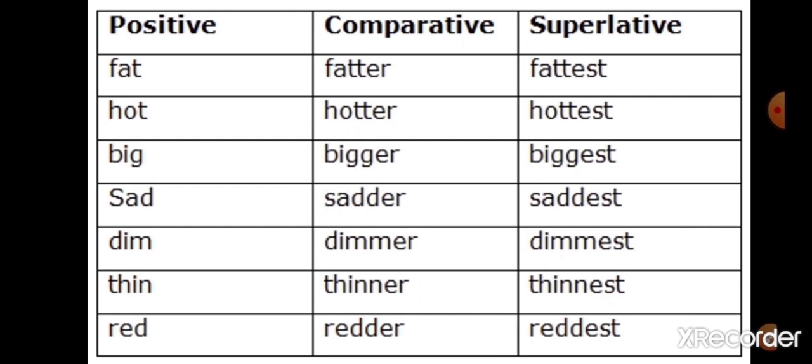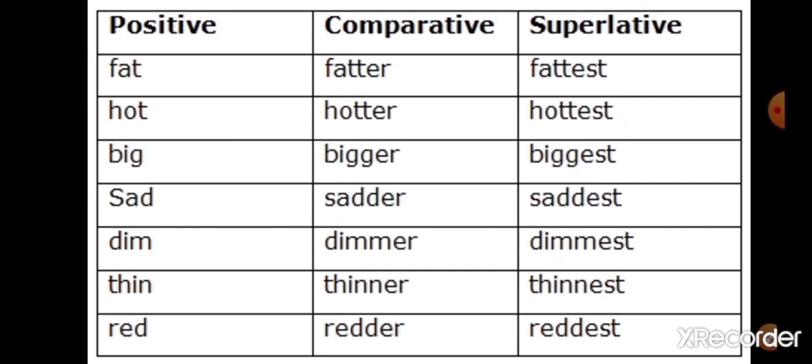Now, in these degrees of comparison, there are first positive degree, second comparative degree and third superlative degree. The first one is the simple form of adjectives, that is called positive degree.